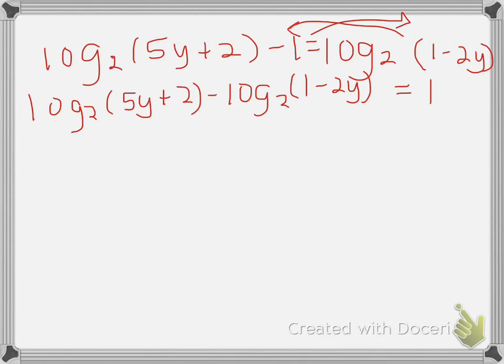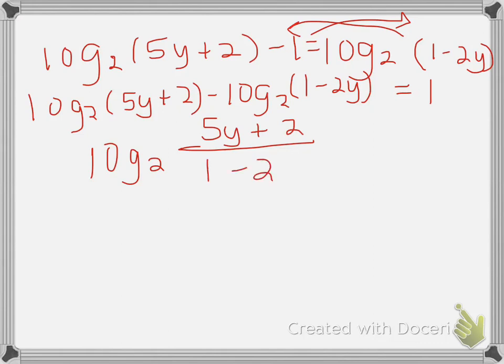That's going to allow me to condense the left side. I'm going to have to use division, so log base 2, since I see subtraction, I'm going to have 5y plus 2 on top divided by 1 minus 2y on bottom. At that point, you're thinking, oh, I can drop the log. Not so fast, okay? You don't have log base 2 on the right.